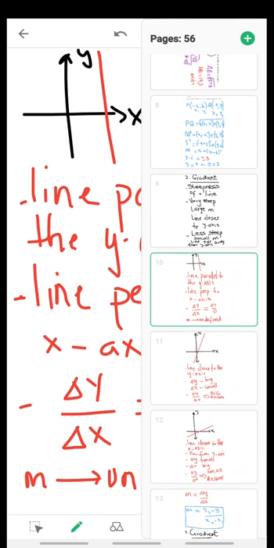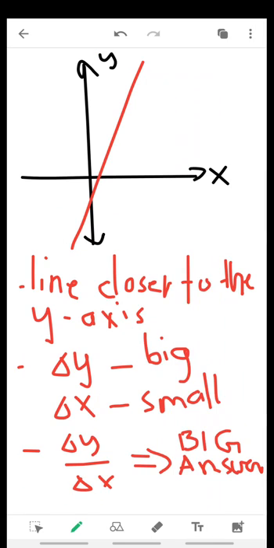Okay, now on this slide, what is it that we are seeing? We are seeing that our red straight line is actually closer to the y-axis. Since the red line is closer to the y-axis, what does it mean?